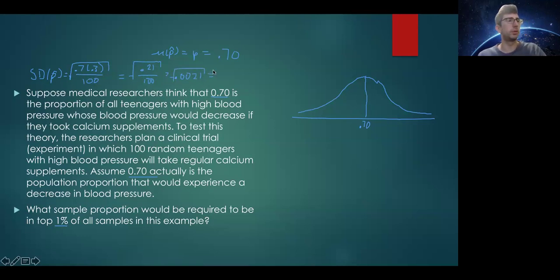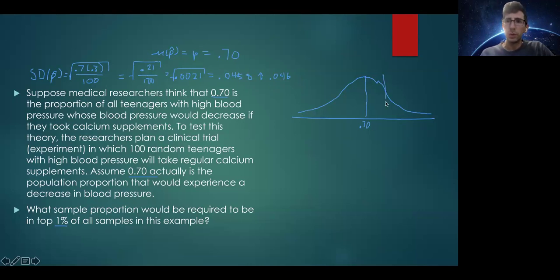And we can't forget that square root. If we take the square root of 0.0021, we will get 0.0458, which I will round up to be 0.046.